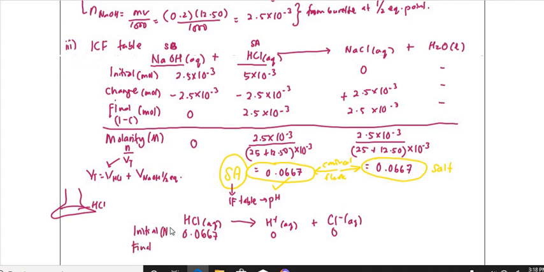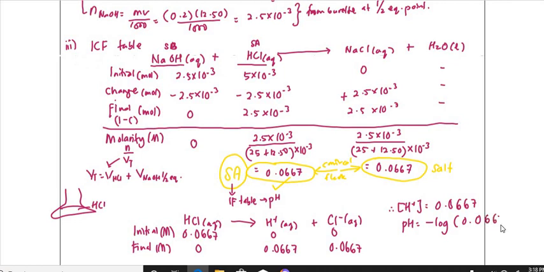Final is M besar. 0 because 100% dissociate becomes 0.0667, 0.0667. So concentration H plus equals to 0.0667. Thus pH equals to negative log 0.0667. And you get the answer here, 1.18. This is a pH after you added half at equivalent point.